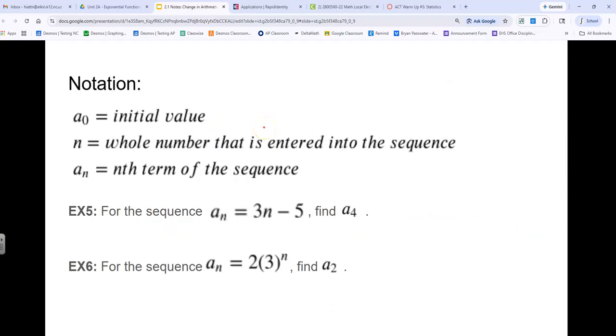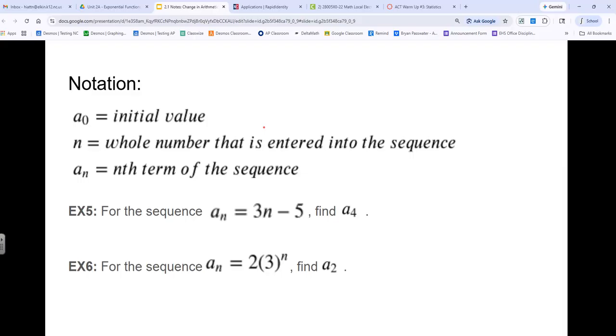All right, so we have to learn some notation for this. So we have to use recursive notation for some of these.